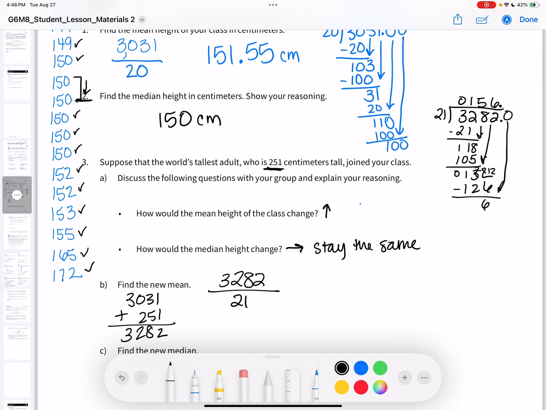Bring that down. 21 goes into 60 twice. 2 times 1 is 2. 2 times 2 is 4. That's 10. That's 5. That's 1. 21 goes into 180 8 times. 8 times 1 is 8. 8 times 2 is 16.